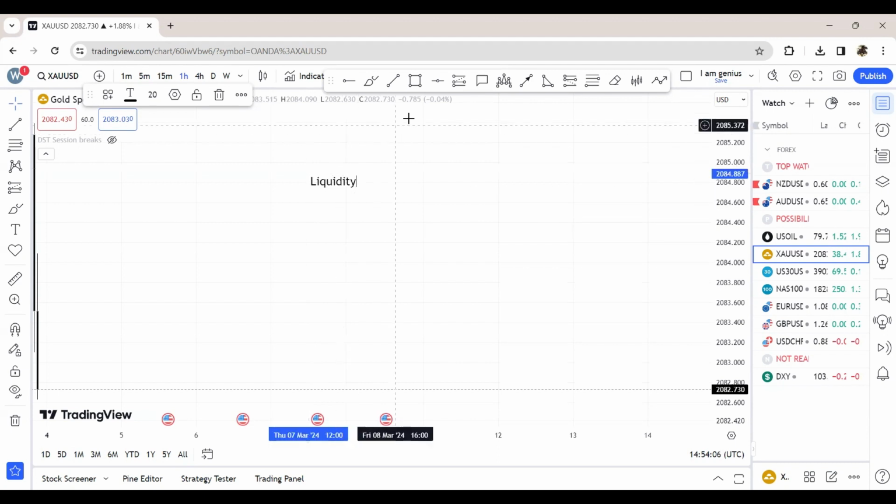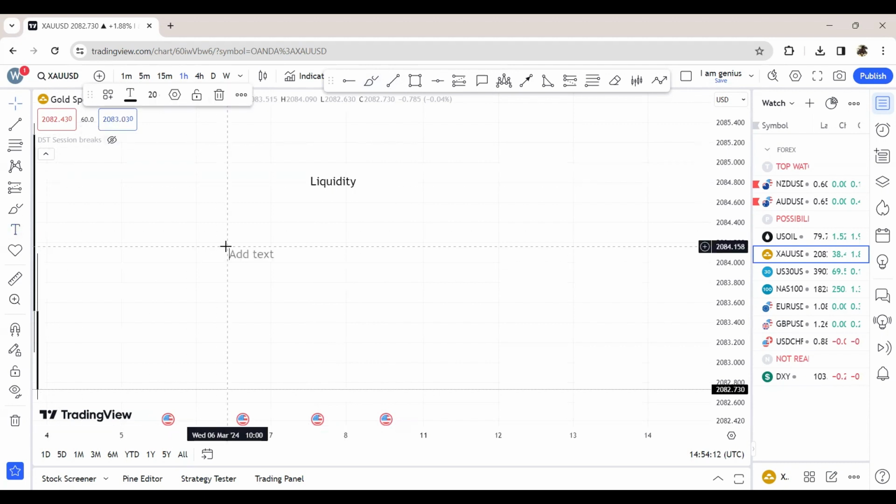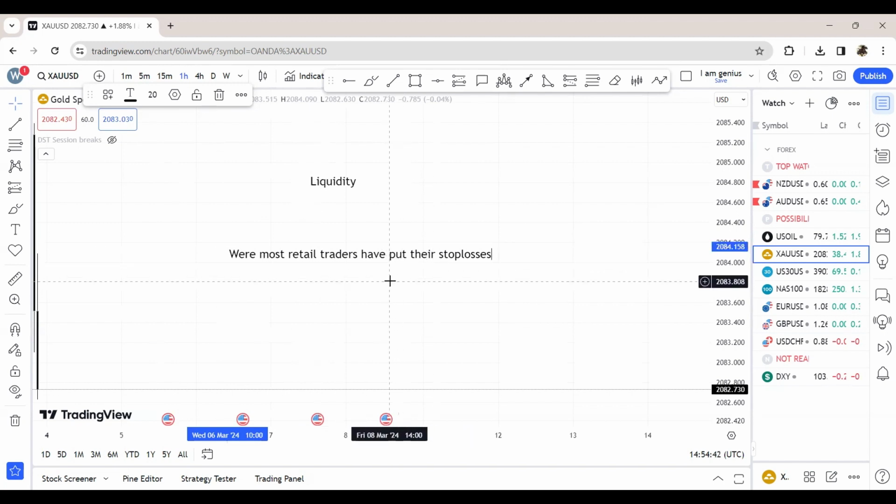Now, liquidity just means where most retail traders have put their stop losses. So liquidity is basically the market going to areas on the charts where most traders have put their what? Their stop losses. And these traders are called retail traders.